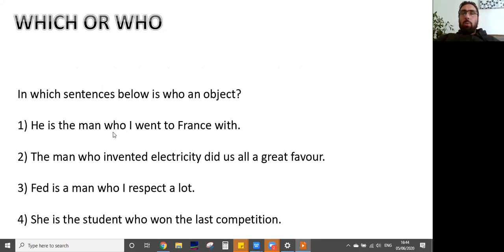Now, what we want to do is first define if who is a subject or an object, and then we'll see if we can replace them or if we can't. So number one, is who a subject or an object?